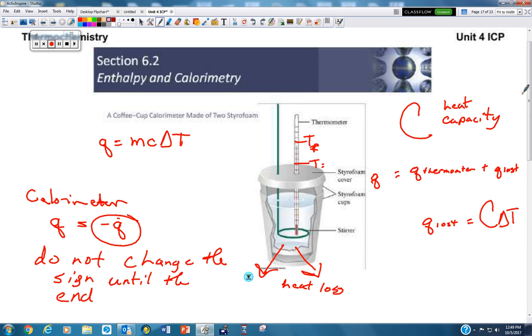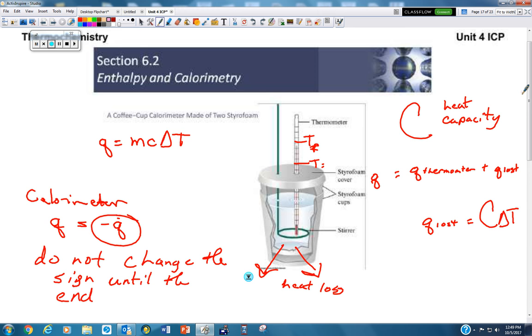All right, so a couple of things to consider as we're looking at a calorimeter: remember that no system that we can develop or do in the lab is ever going to be 100% efficient. There's always going to be loss somewhere. So that's where this heat capacity C comes in, and that's where this heat lost equation is coming in.